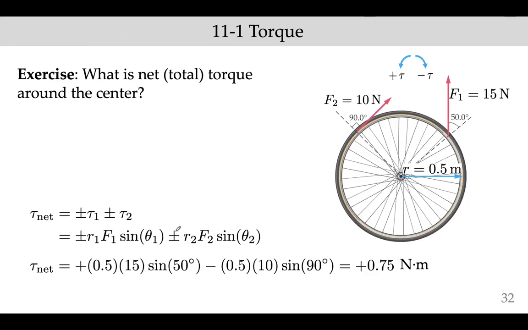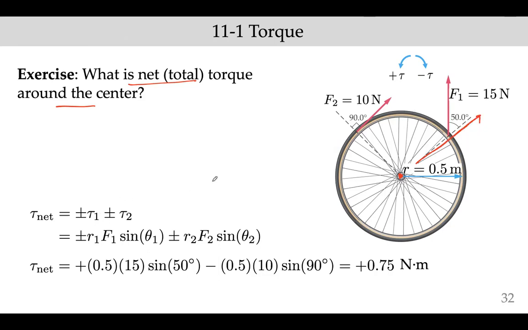Okay, so here's a quick example on the torque. The question here is, what is the net torque around the center? So we have this bicycle wheel fixed at the center. There are two forces. One of them is at 90 degrees with respect to the radius. The other makes 50 degrees with the radius vector, which is here.